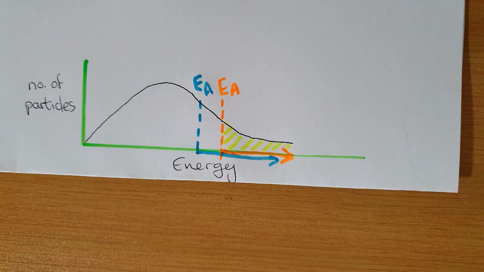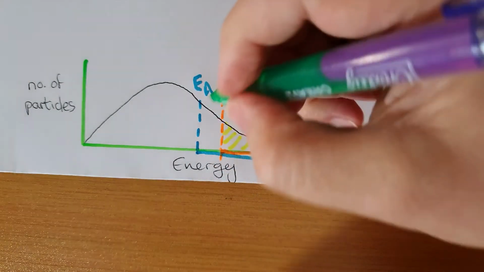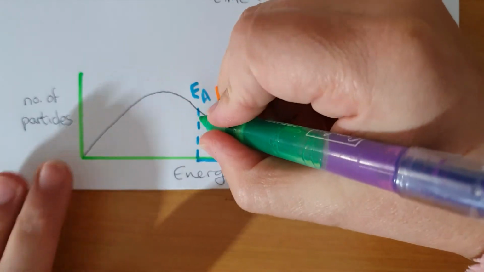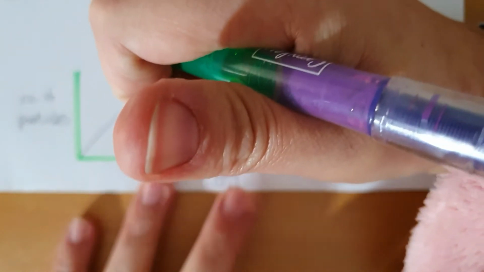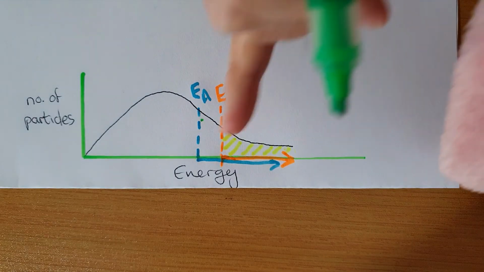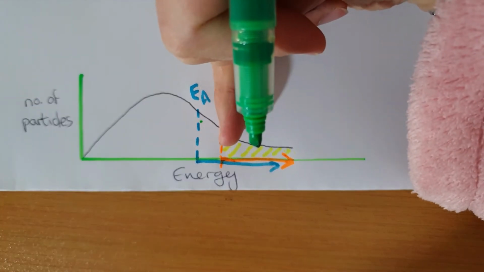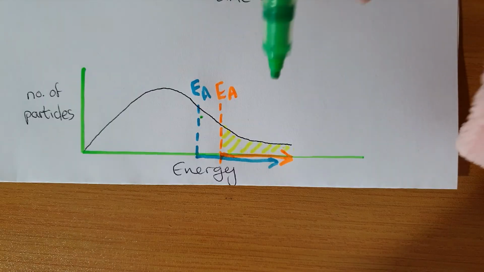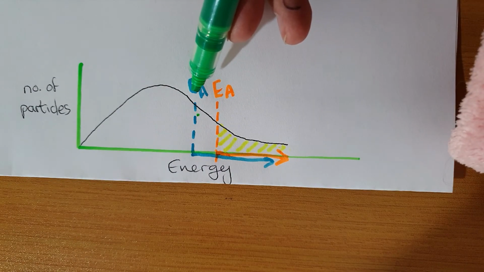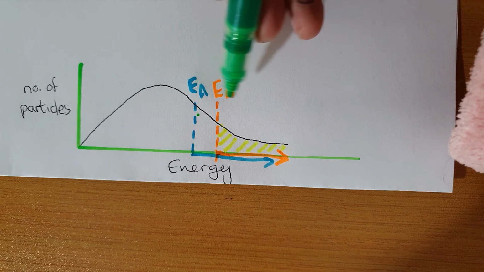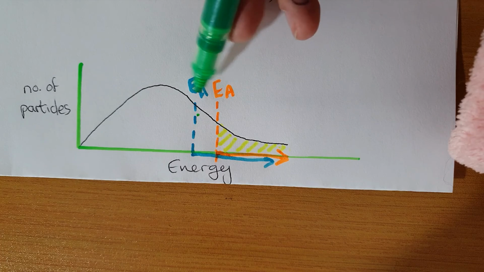So if I were to look at that now, I don't want you to get confused. That orange energy is no longer there. The orange energy has disappeared because we've added a catalyst and now there's a new activation energy. So don't worry that I'm showing you two here.